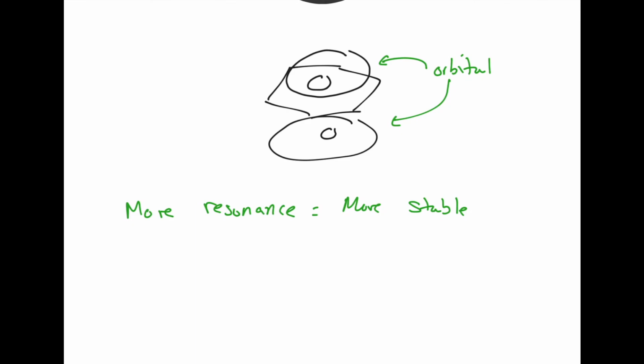So the hallmark of being aromatic is you're a ring and all your p orbitals are together, making one of these big orbitals above and below the plane of the ring, and that leads to more stability.